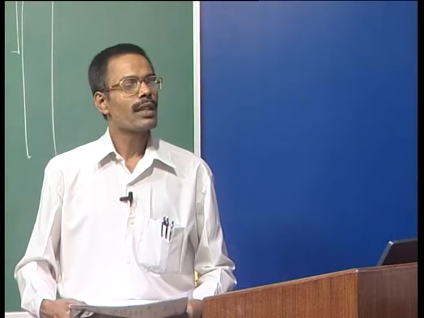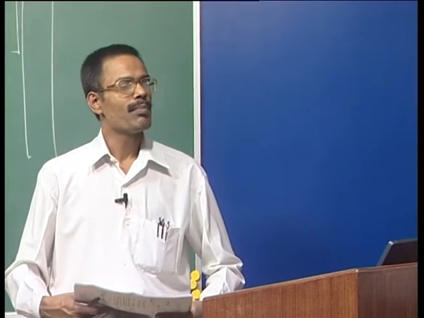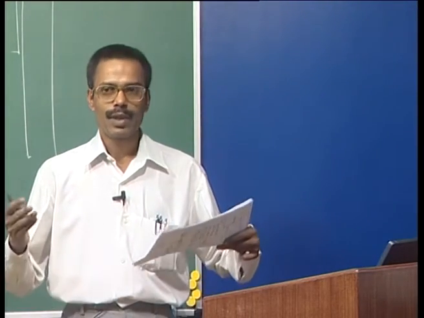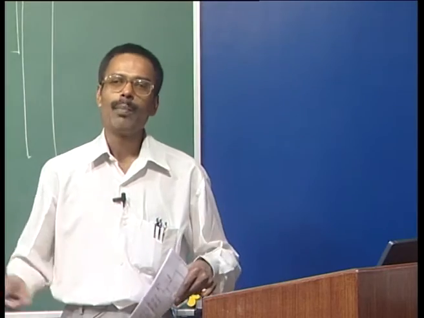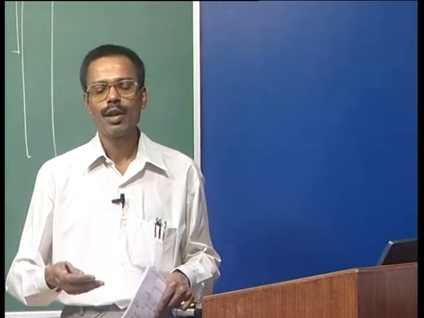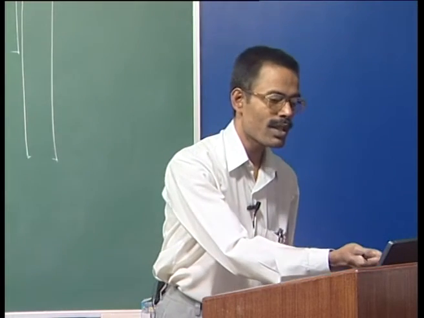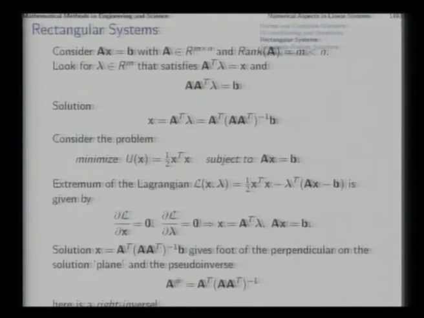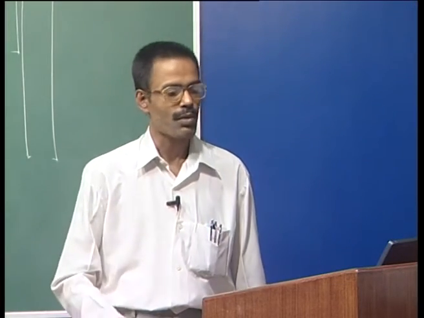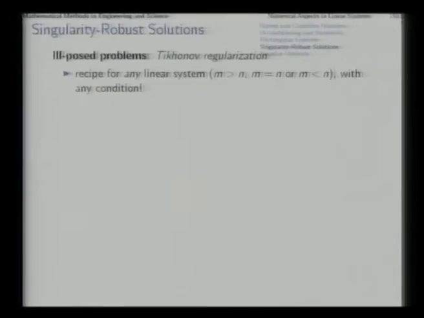That will mean that you have got the problem of the system being rectangular combined with the additional problem of rank deficiency, or singularity of A transpose in this case and A transpose A in that case. Compounded with that could be the ill conditioning issue. That means the most general situation.